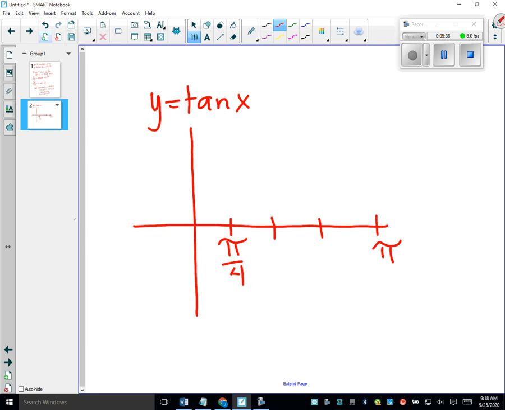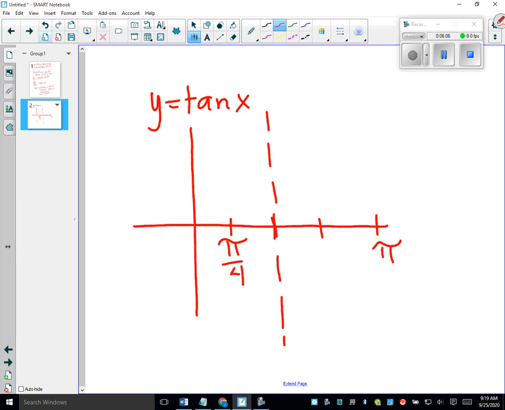Do you all have it? Where is an asymptote? Oh, wait, not pi over 2. Wait. Yeah, it is pi over 2. I think it's pi over 2. So there's an asymptote here, and I think we have a point at 0, 0.